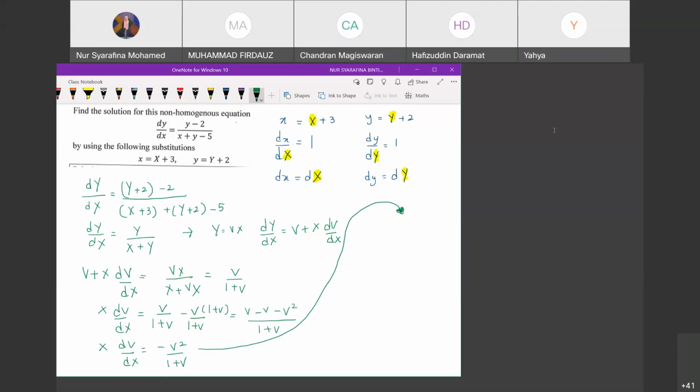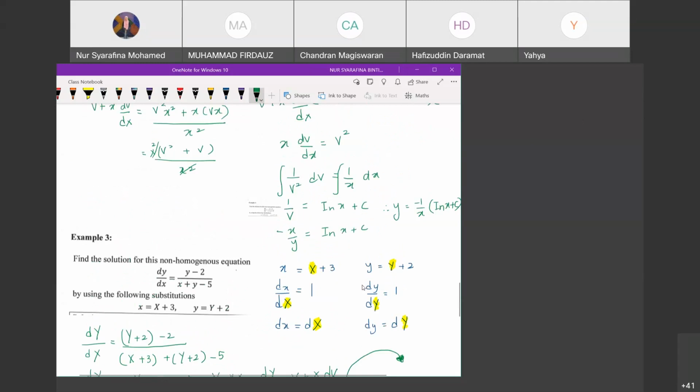Which part? For example, 1 minus x over y becomes y.